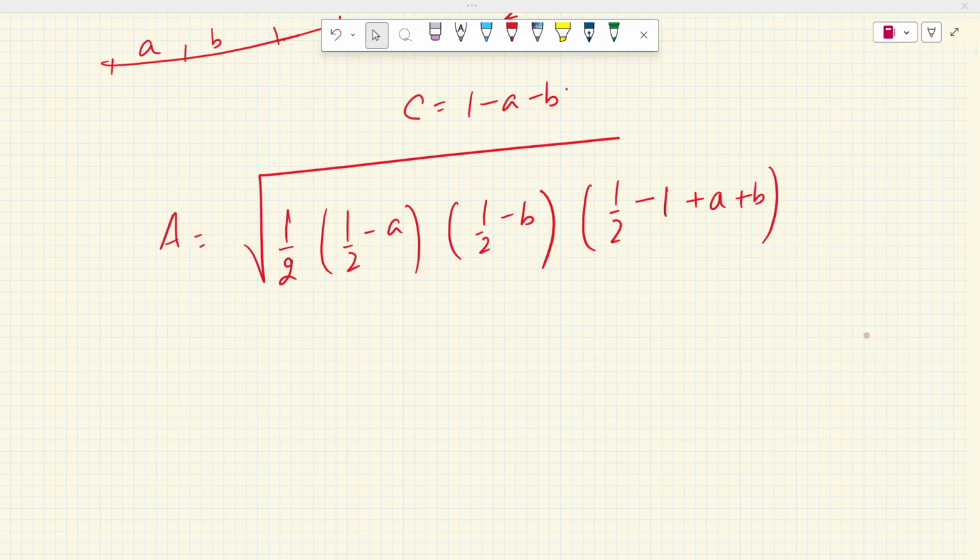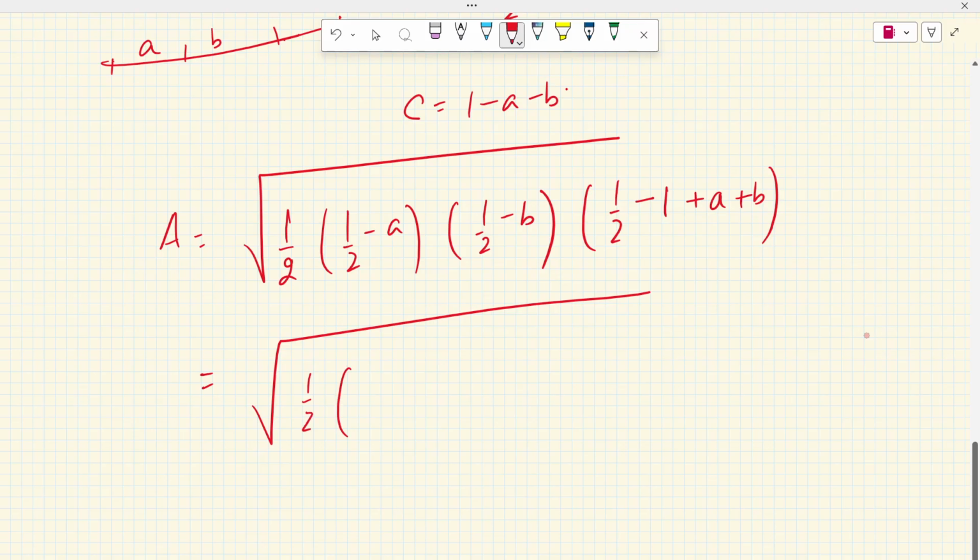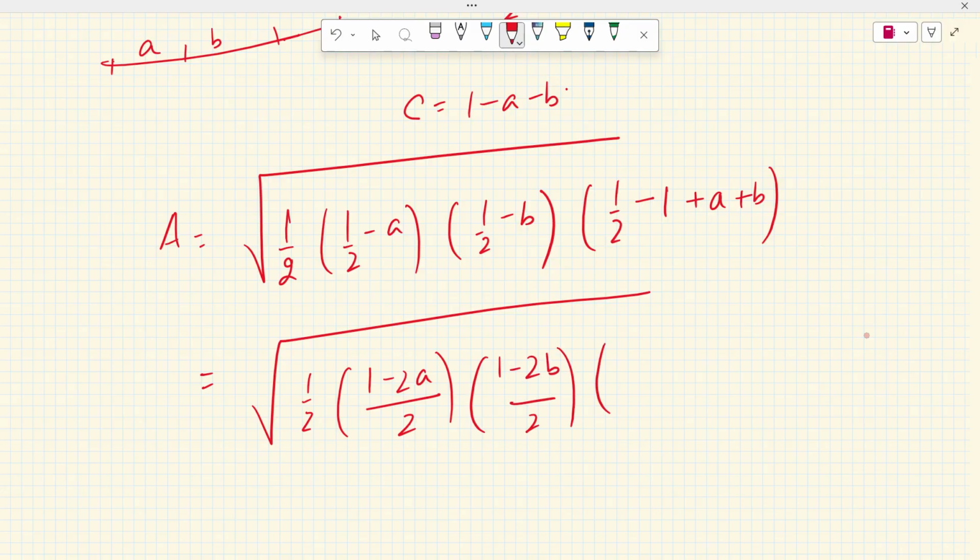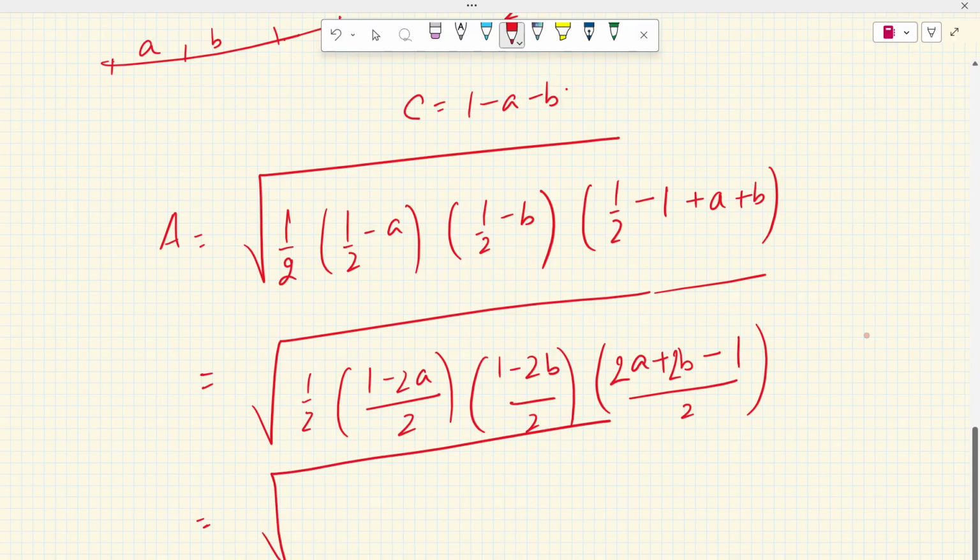So let's simplify this a bit further. So this becomes under the square root of 1 to the power 2 to the power 4, and then we have the three terms.